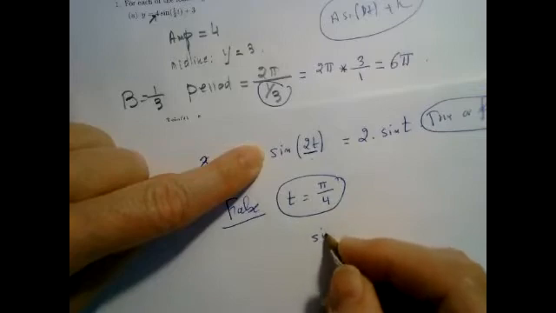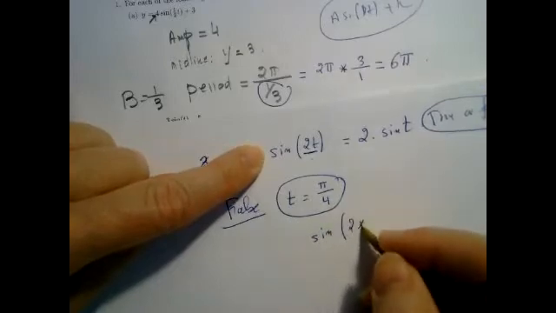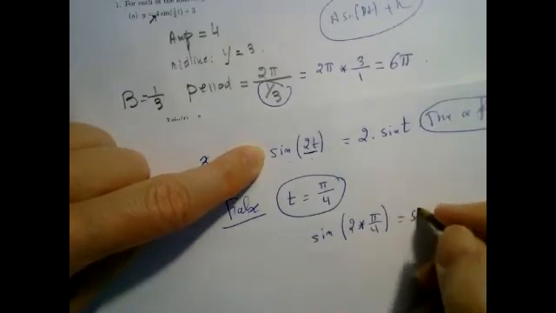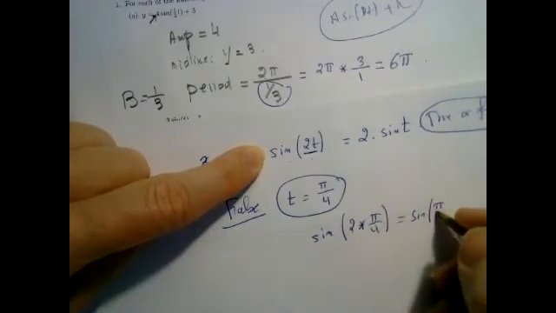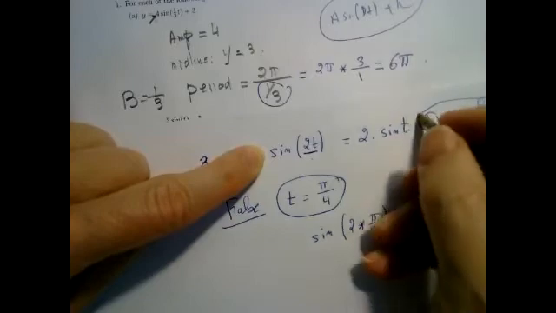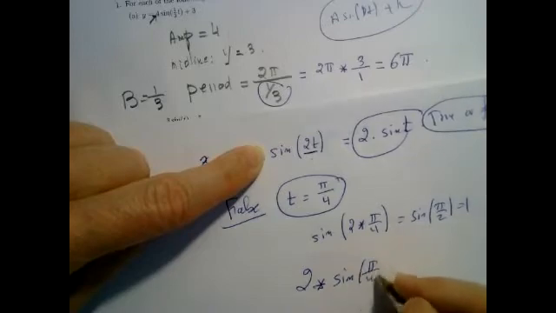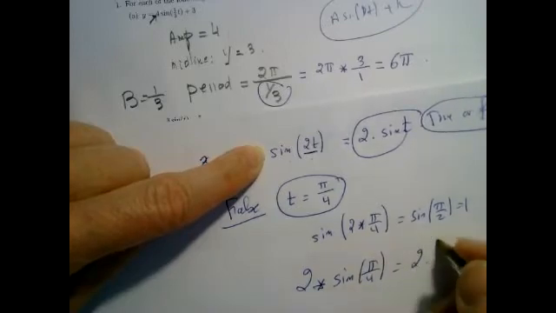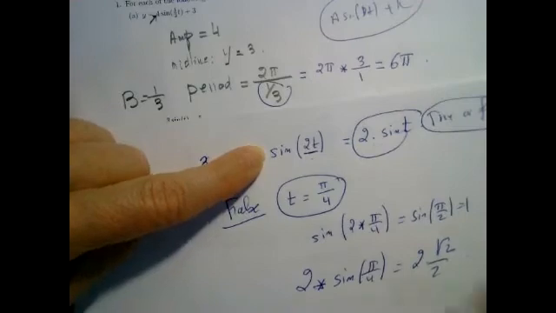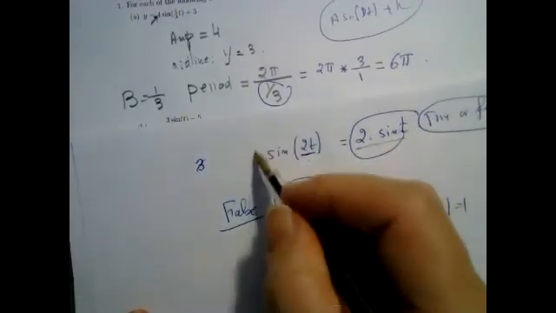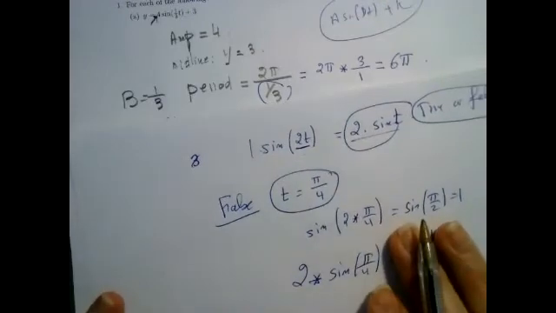No, because this one is 2 times pi over 4, it means the sine of pi over 2, which is 1. However, this one, you take 2 and multiply it by the sine of pi over 4. So very different functions. They are not the same. This one has amplitude 2, this has amplitude 1.